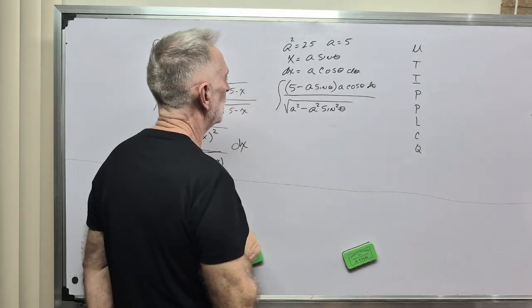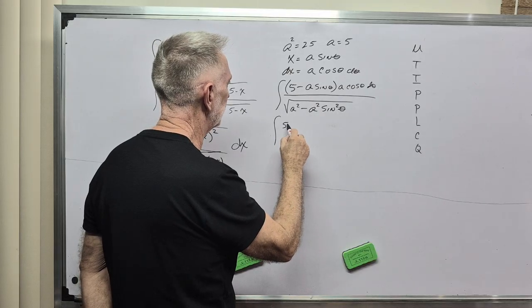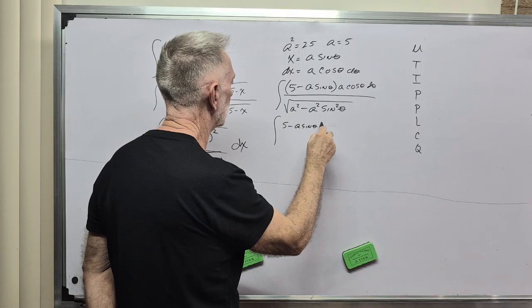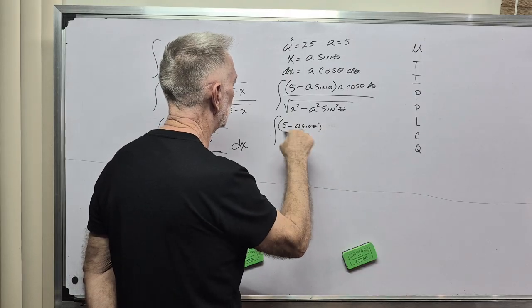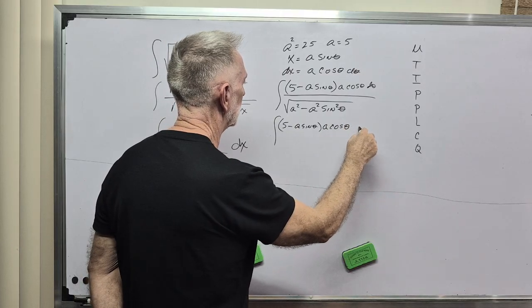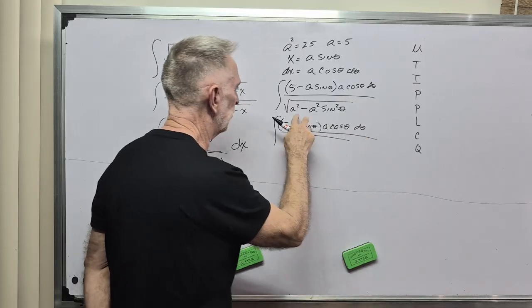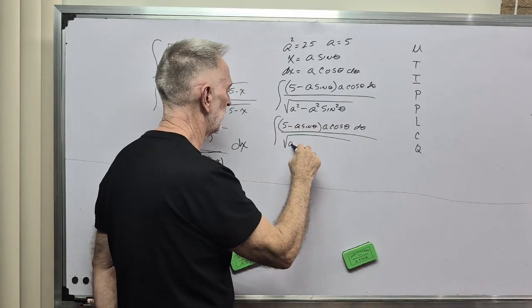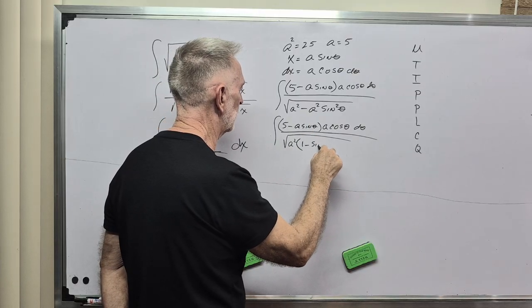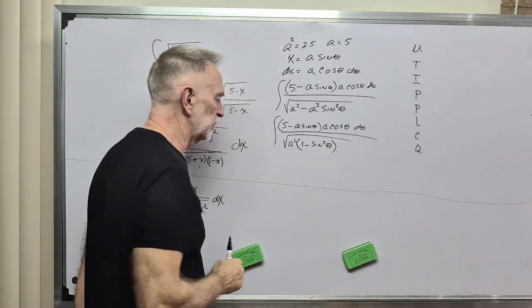So that's the integral of 5 minus a sine theta times a cosine theta d theta over the square root of a squared times 1 minus sine squared theta. What is 1 minus sine squared?